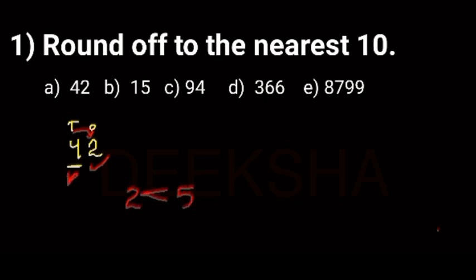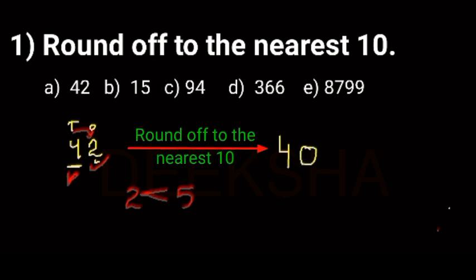So you will leave this tens place as it is. You will not add 1 in it. Okay. So it will remain same and this 2 will be replaced by 0. So when we round off 42 to its tens place, we get 40.